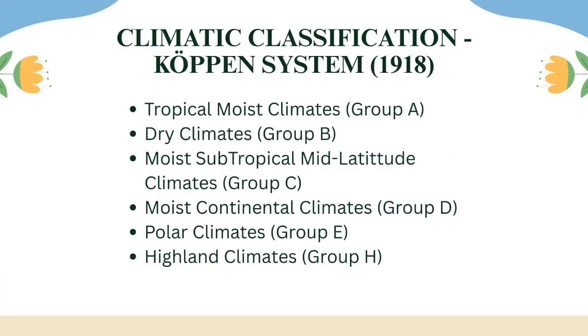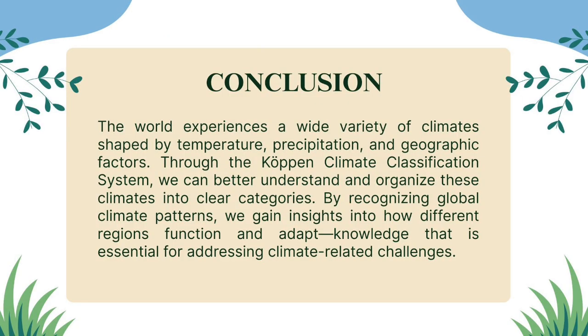So the 6 major climate types reflect the incredible diversity of Earth's natural system. So each climate, from the lush, rain-soaked tropics to the frozen polar regions, shapes the way plants grow, animals live, and humans adapt. So these climates are not just weather patterns, they are life zones that influence culture, agriculture, and daily routines.